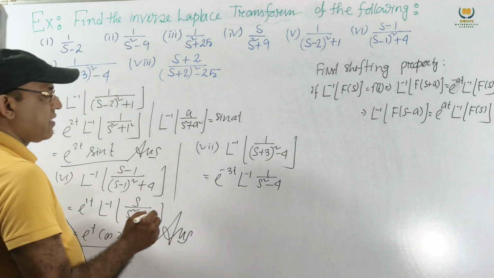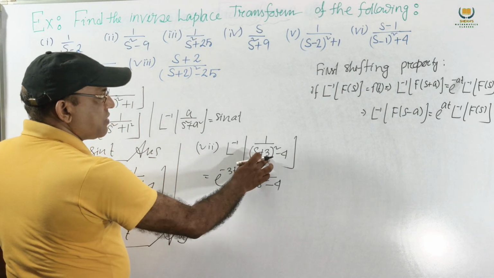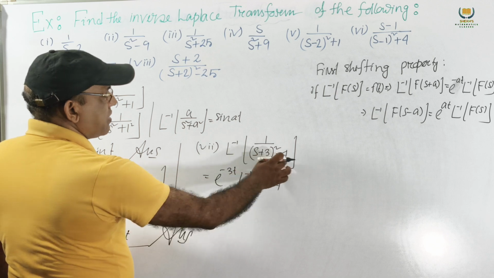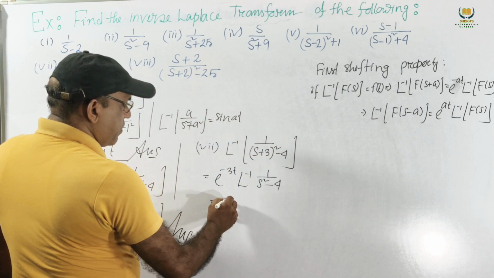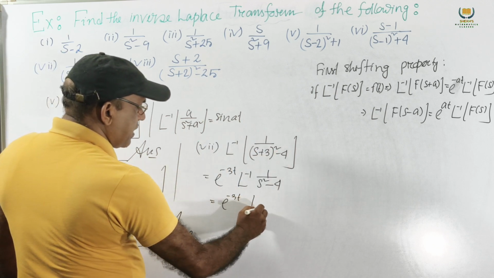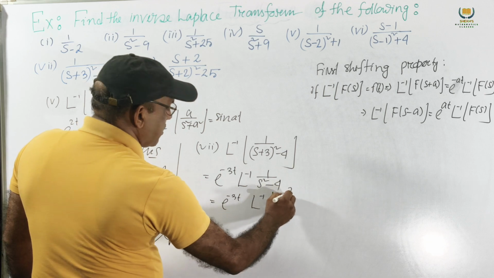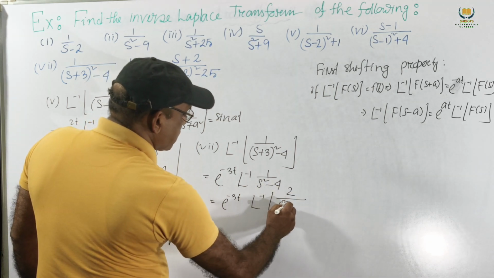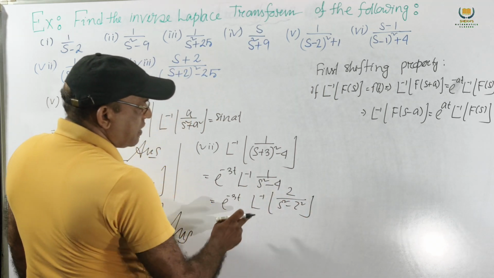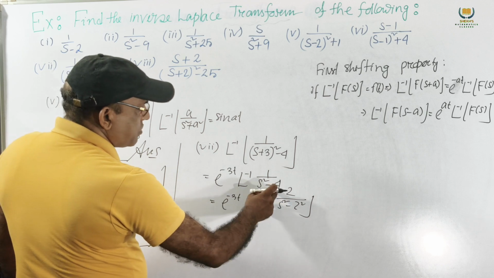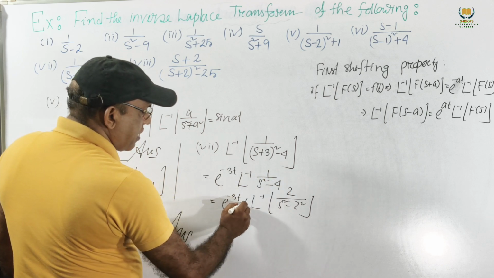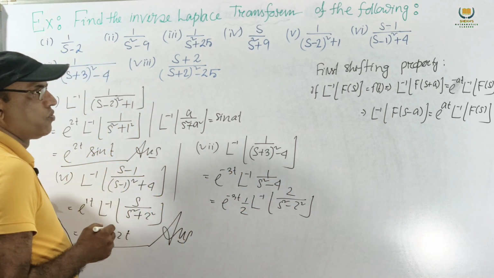E to the power minus 3t L inverse, if we write 2 by s square minus 2 square, s square remains same, 2 square means for this 2 write extra, then we write outside is 1 by 2. We get this.